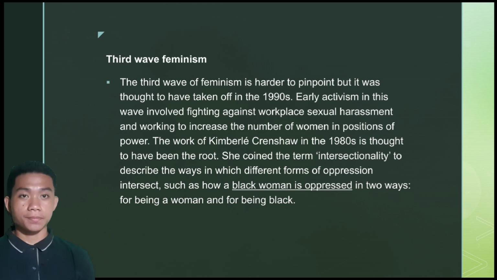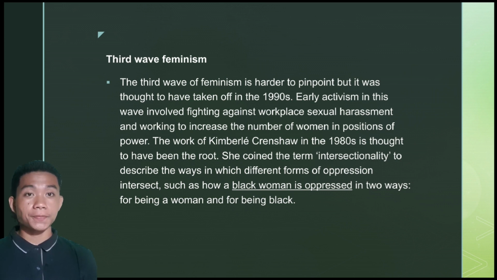Third wave feminism. The third wave of feminism is harder to pinpoint, but it was thought to have taken off in the 1990s. Early activism in this wave involved fighting against workplace sexual harassment and working to increase the number of women in positions of power. The work of Kimberlé Crenshaw in the 1980s is thought to have been the root of it.